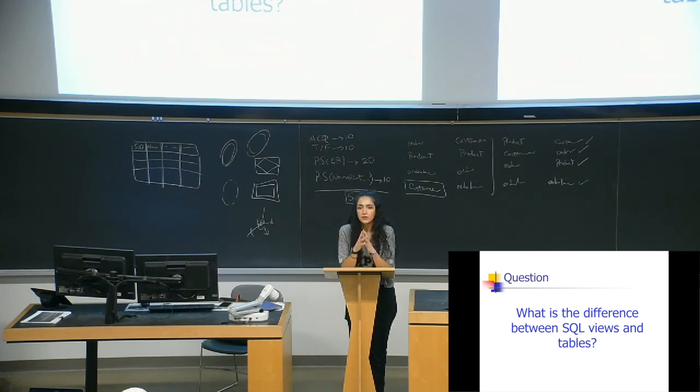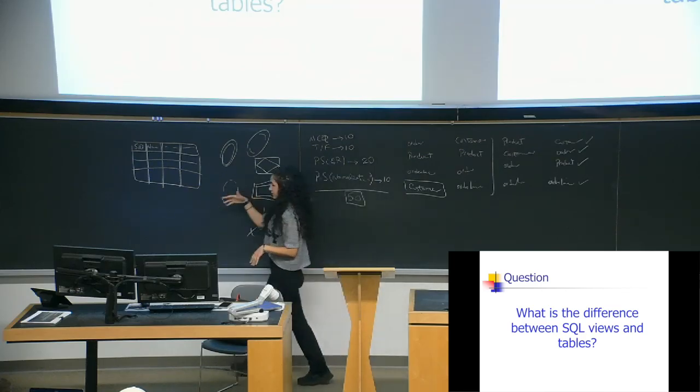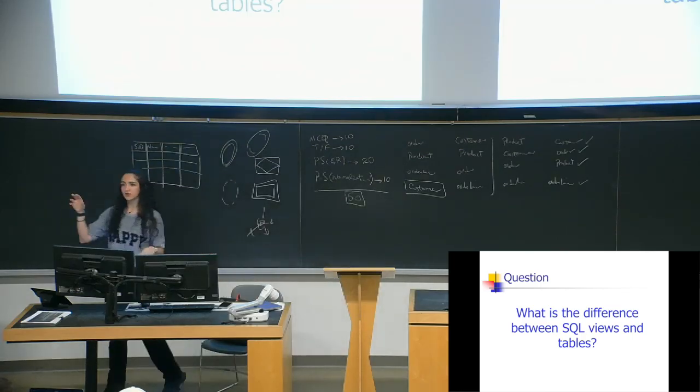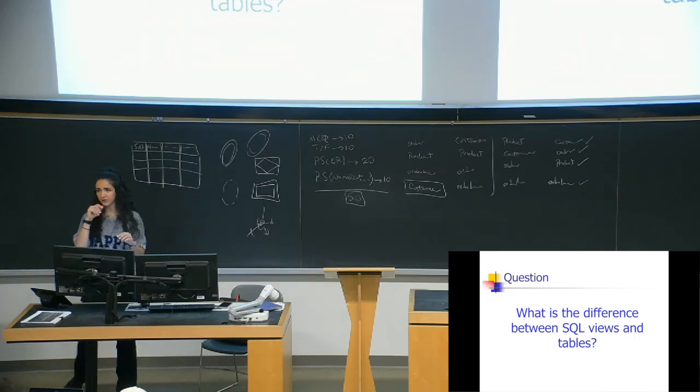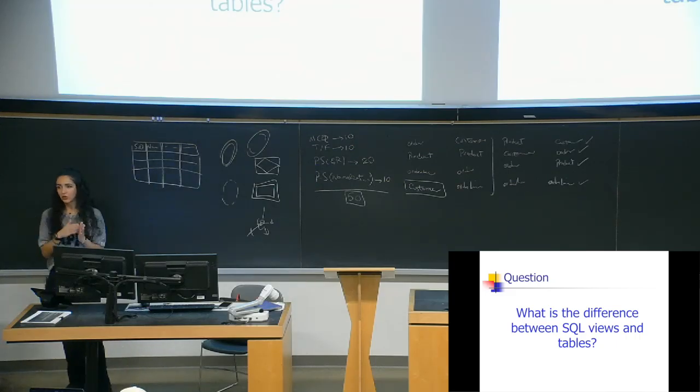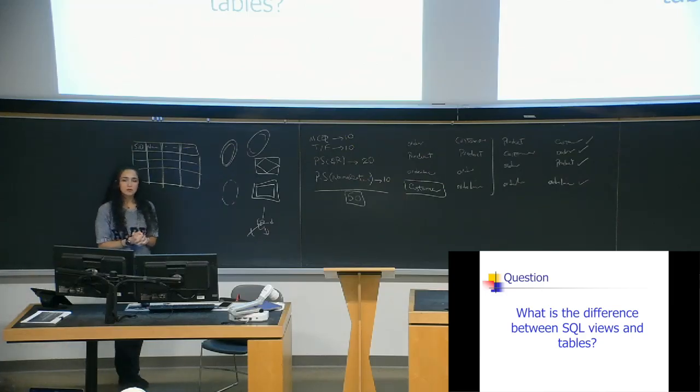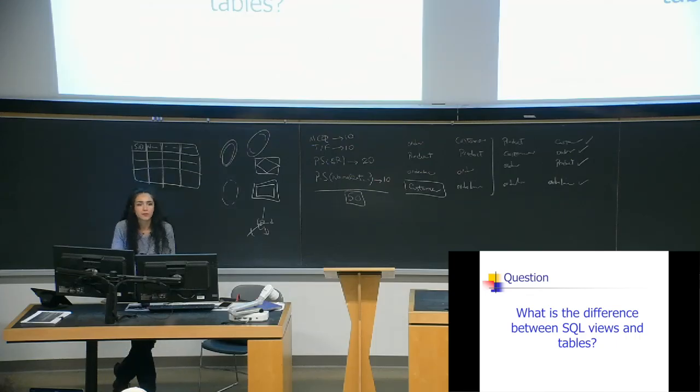It is like a table containing, for example, a student ID, etc., and the grade, but not all the students, right? Only students whose grade, let's say, is A, okay? Excluding the grade B, grade C, A plus, and so on. So what is the difference between table and SQL views?